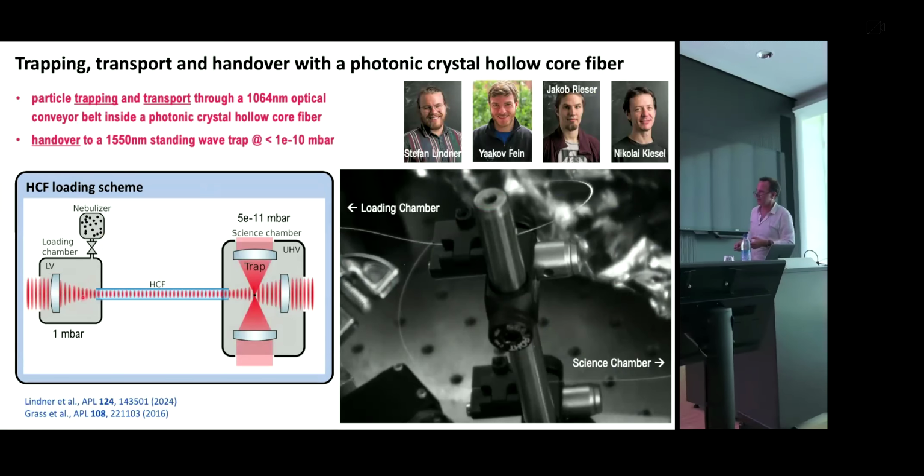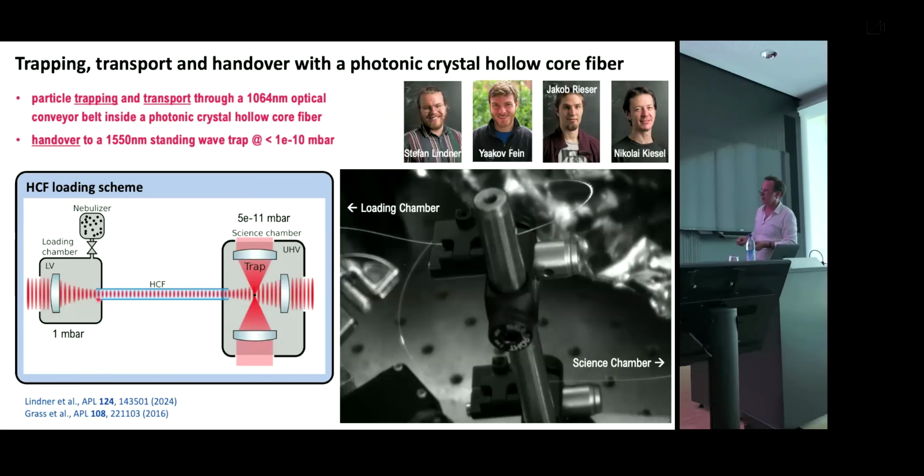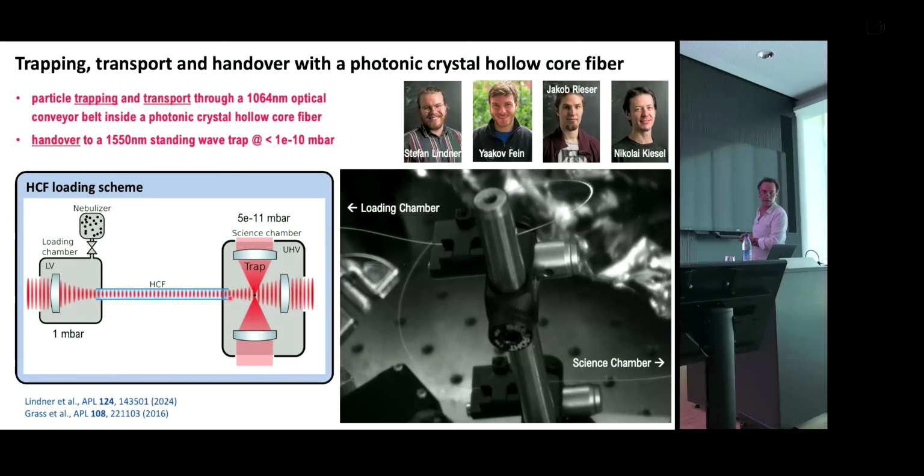You trap it then in the standing wave of a system that is connected to a hollow core fiber. Then you just switch on your optical conveyor belt such that the particle is transported from the high pressure loading chamber into the UHV science chamber, where it's then picked up by another trap.